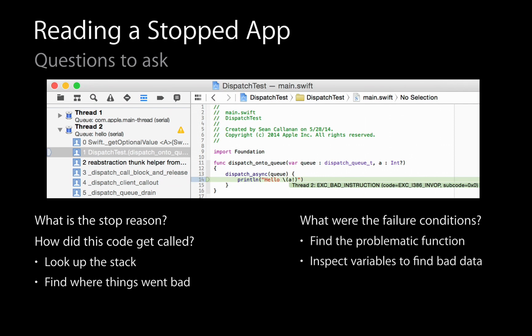Once you've located the place where things might have gone wrong, then you can start investigating the failure conditions, looking at your variables and seeing what variable values might have gotten you into a bad state. So let's get started and look at applying these basic techniques to some crashes you might see out in the world.